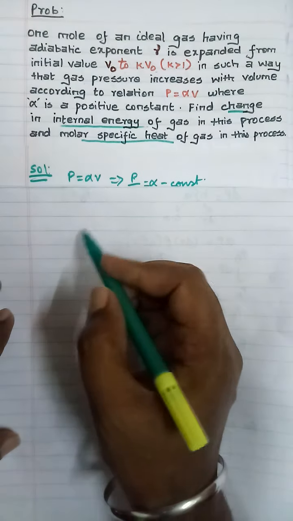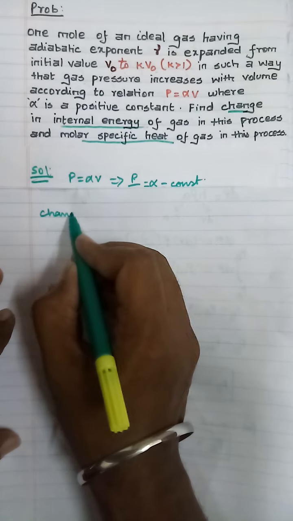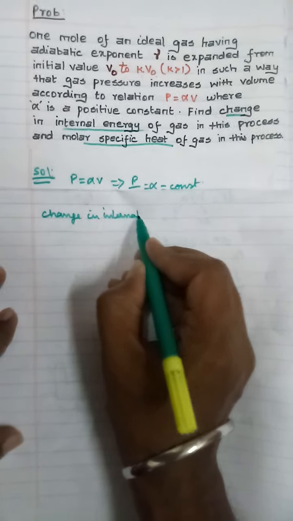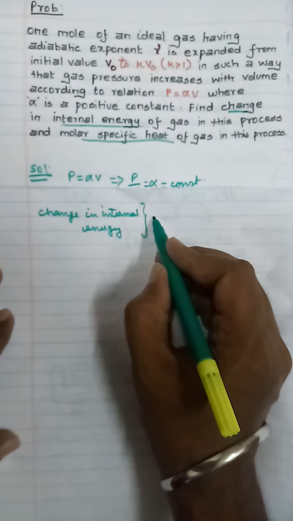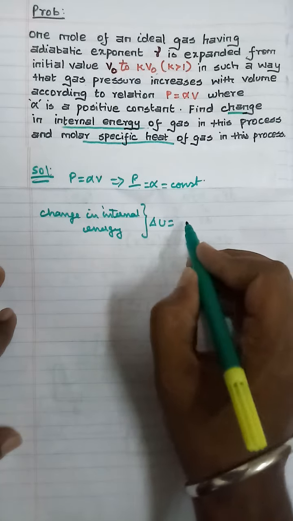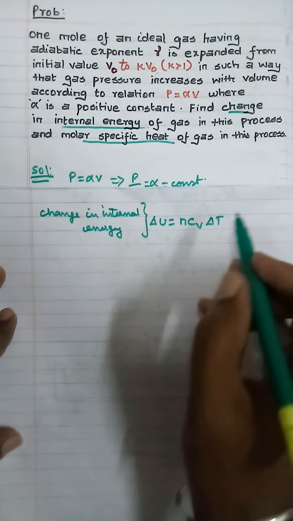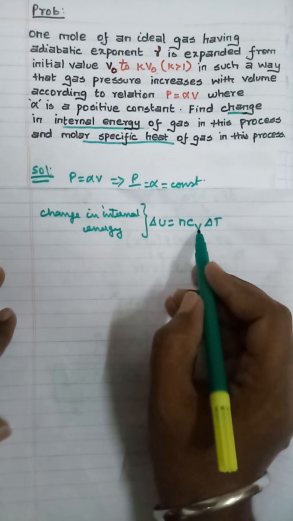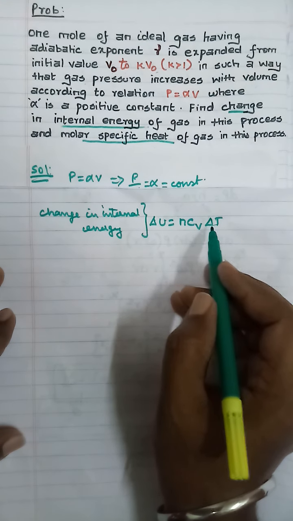So to find out the change in internal energy, we have a general formula, that is delta U is equal to n Cv delta T. Here n is the number of moles, Cv is the molar specific heat at constant volume, and delta T is the temperature difference.